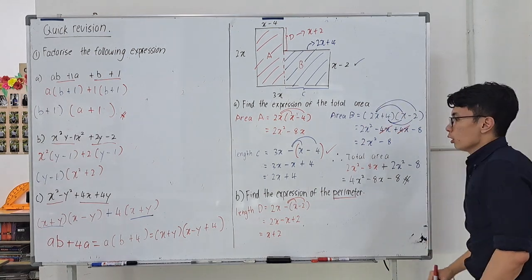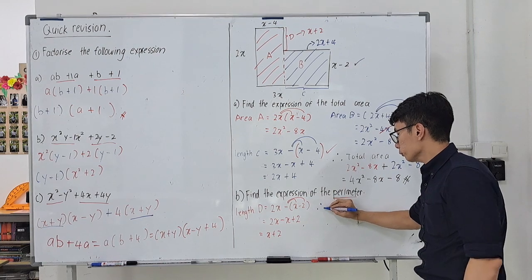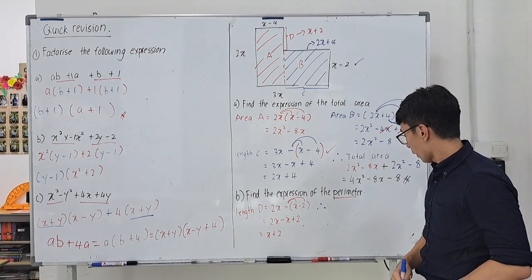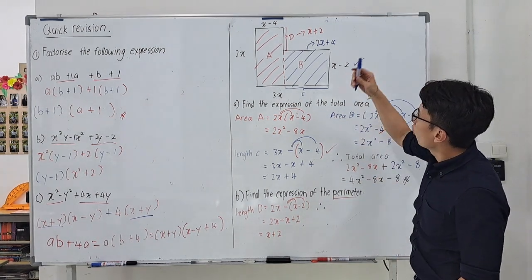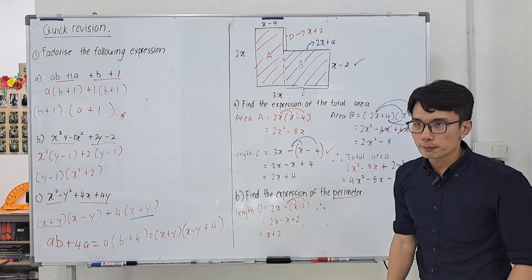Okay, so therefore I can work out my perimeter now. Now this is going to be a very long working, but that's fine. Alright, let's do this. So to find the perimeter now, all I have to do is to add up all this expression over here.